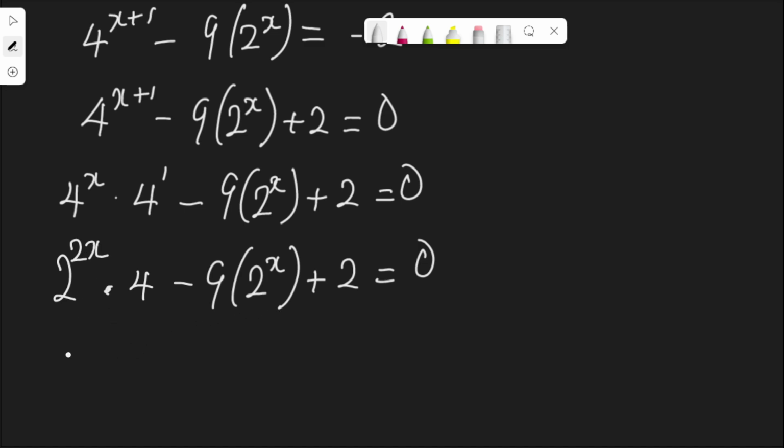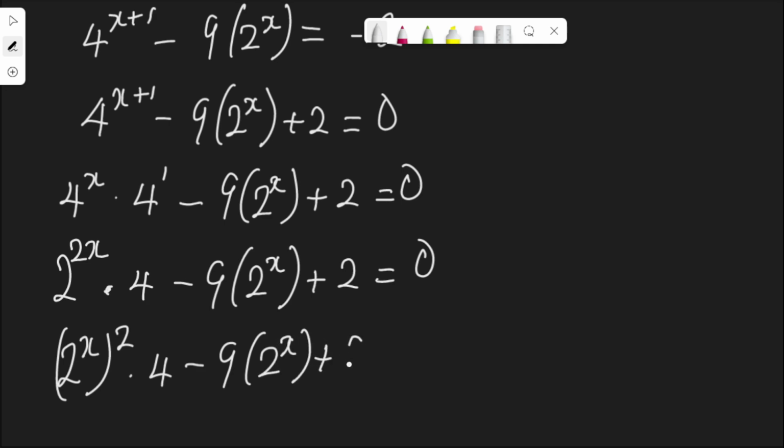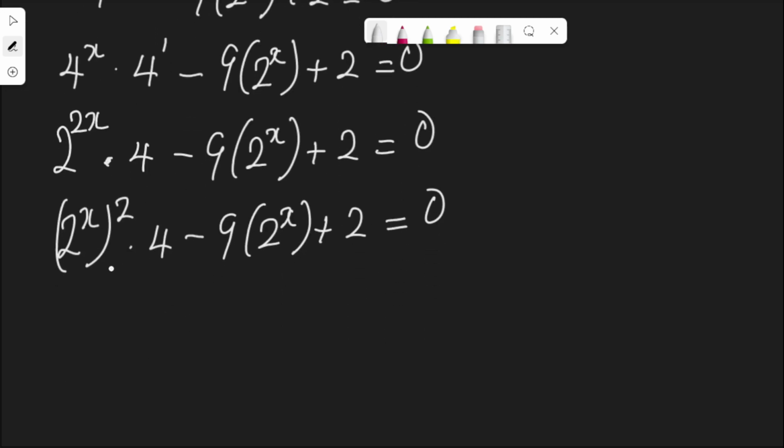This 2 to the power of 2x, I can write that as 2 to the power of x, to the power of 2. So this and this can be the same. Then multiply by this 4 minus 9 times 2 to the power of x plus 2 equal to 0. You see that we have 2 to the power of x here. We also have it here, so we can substitute it.